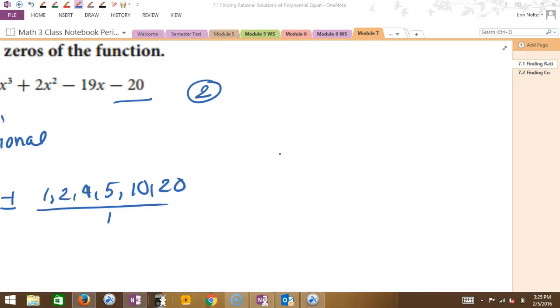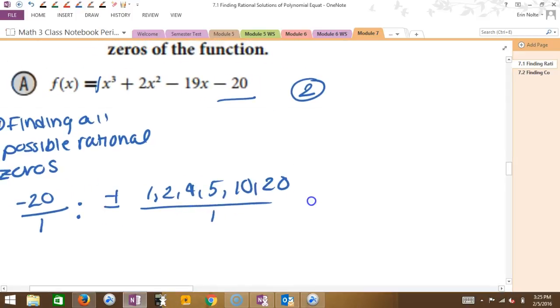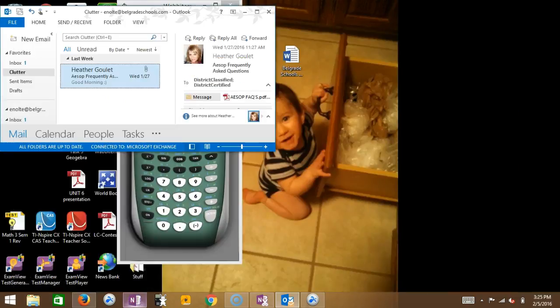Does somebody want to try plugging my polynomial in while this is loading?